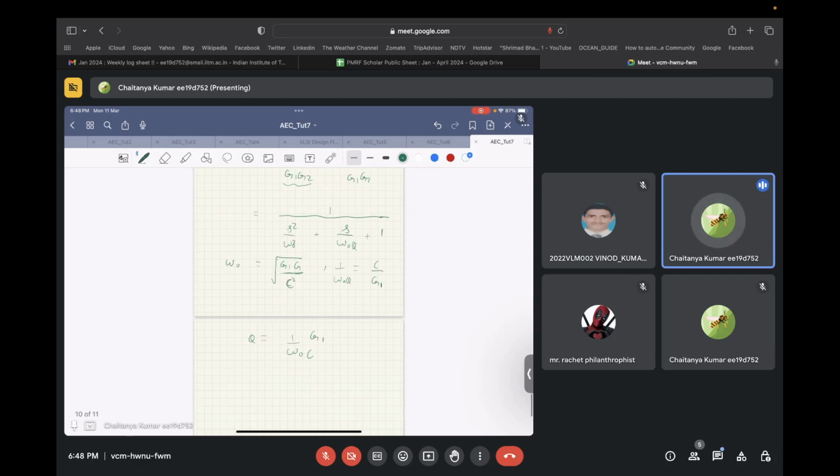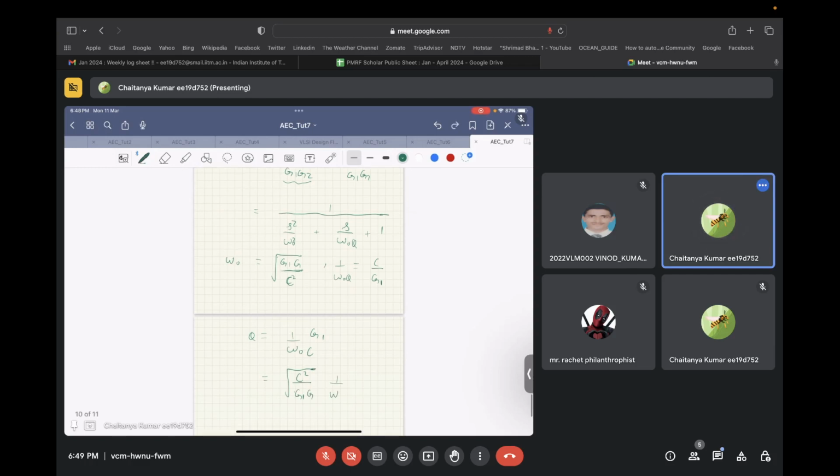So we can substitute the value of C from here. So we substitute the value of omega naught. So it's basically C squared by root of C squared G1 times G, and this is basically G1 at the top and C at the bottom.